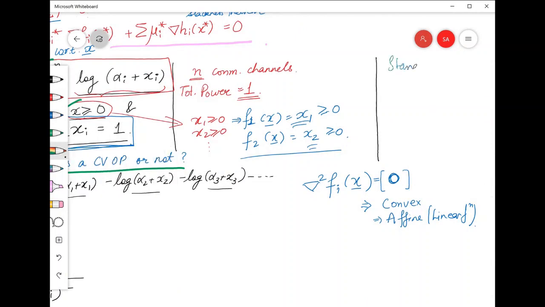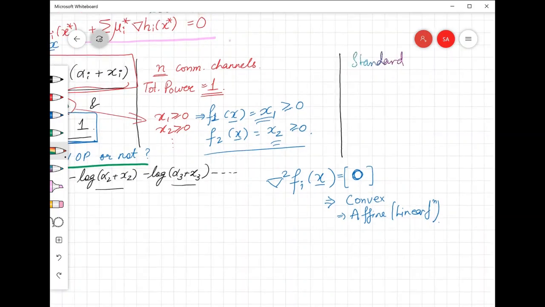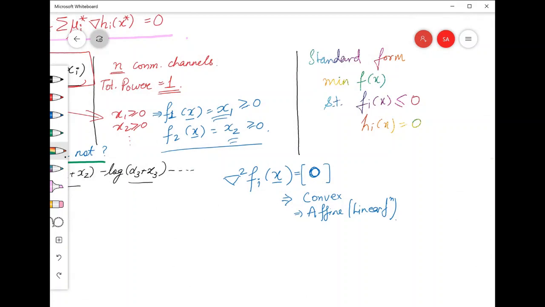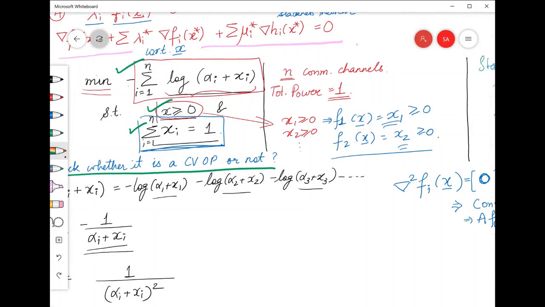The standard form is: minimize f of x subject to f_i of x less than or equal to 0 and h_i of x equal to 0. Here you can see f_i of x is less than or equal to 0, so I should also convert this form into less than or equal to 0.